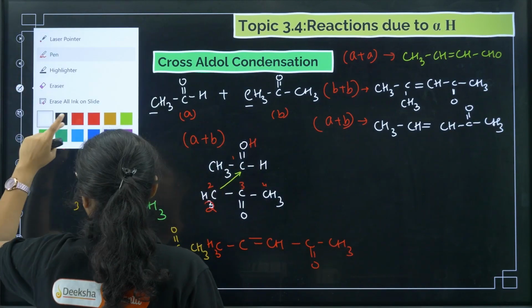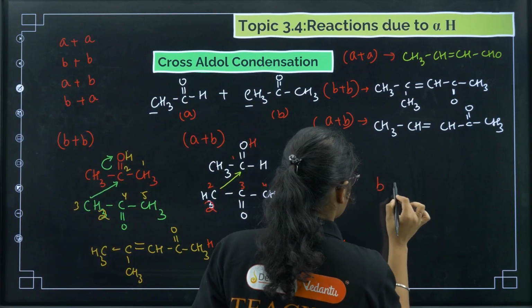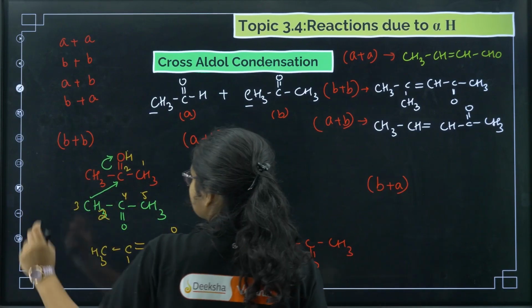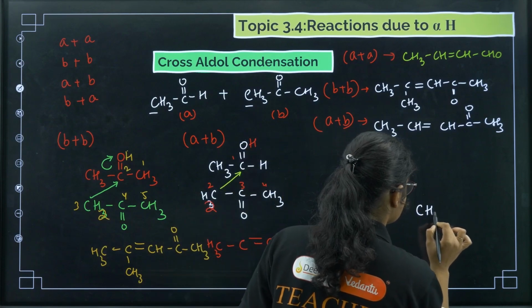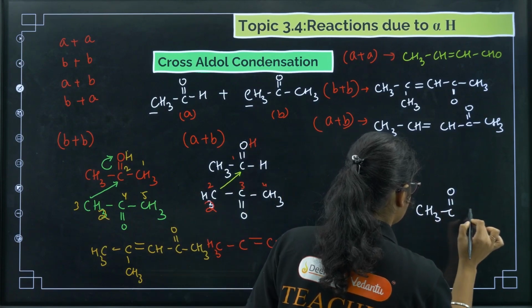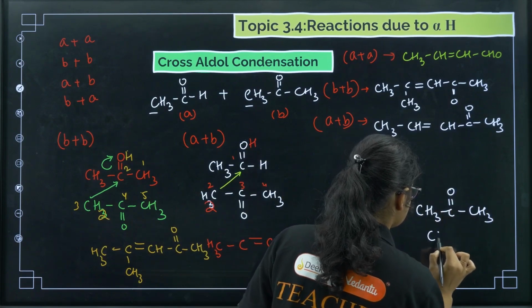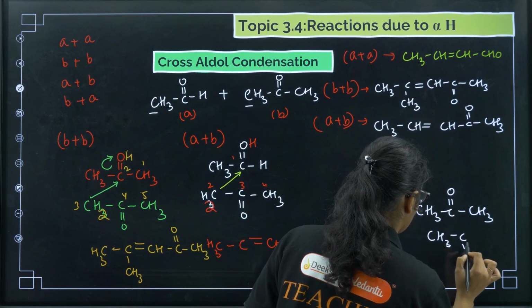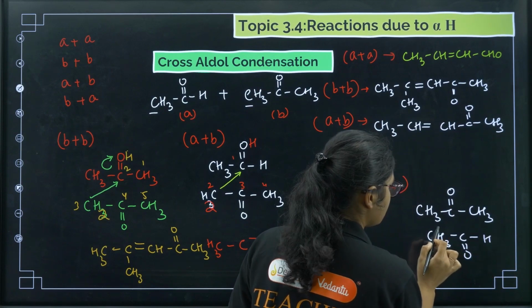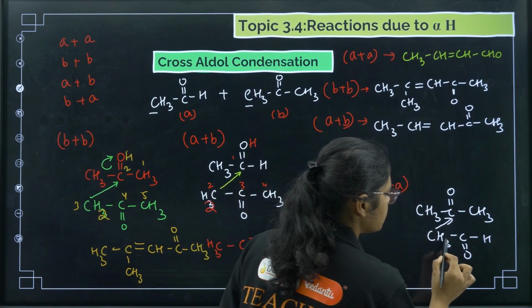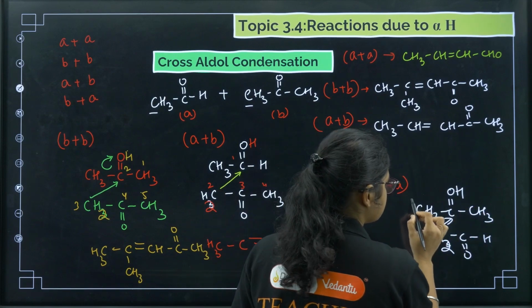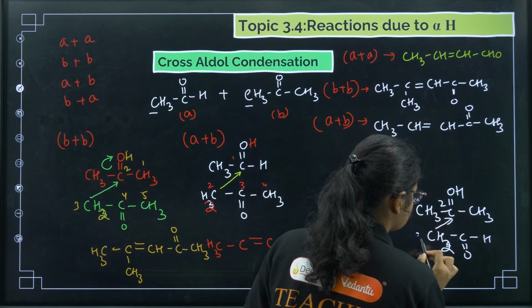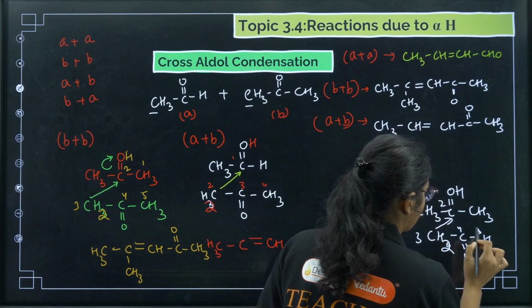And now we will write the last product, that is B plus A. Again we will apply the trick here: CH3COCH3 and CH3COH. There will be a connection. This will become H2, this will become OH. Now we can write the chain: this is 1, 2, 3, 4, 4 carbons.